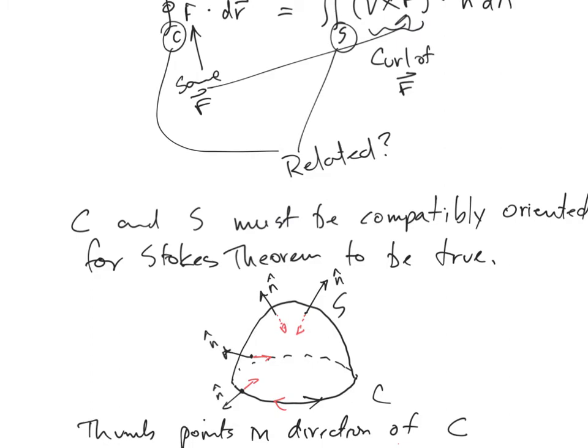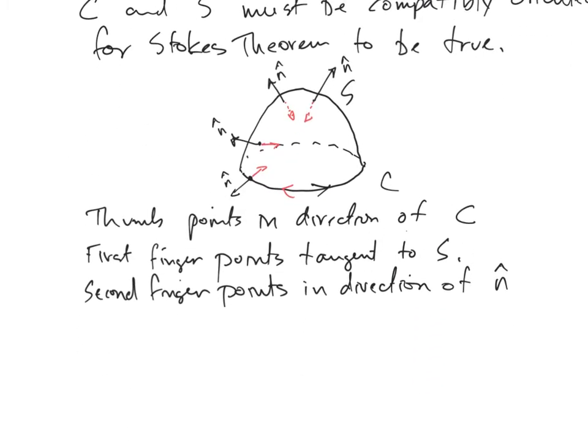Same thing with curves. Traditionally or conventionally, if we've got some curve in 3D space like this, and this is sort of the XY plane, we say, okay, curve C is going to go like that, so that if I use my right-hand rule like this, n hat comes out.